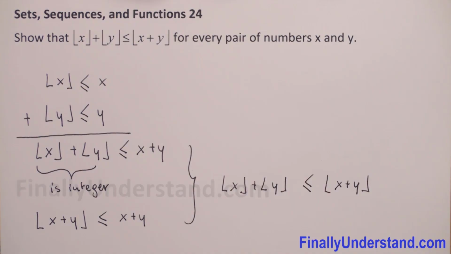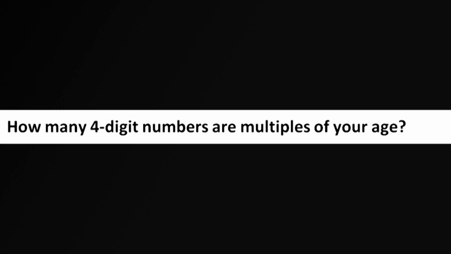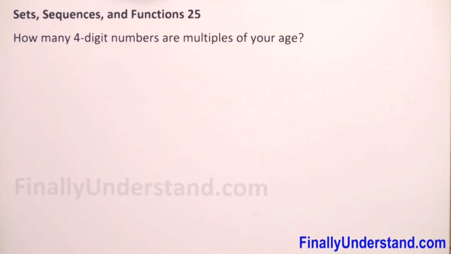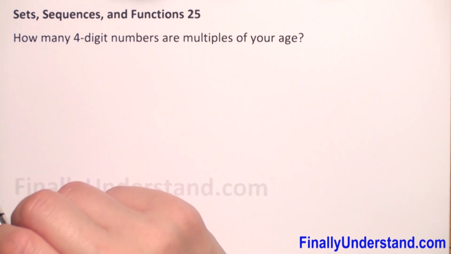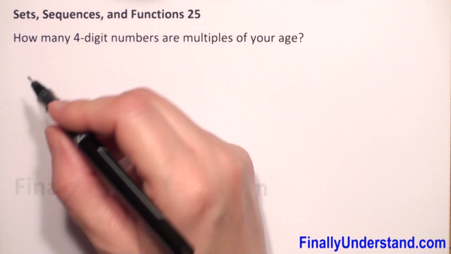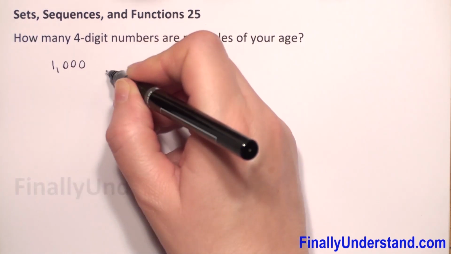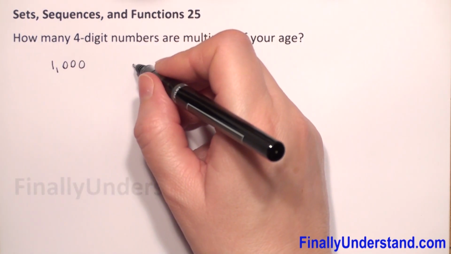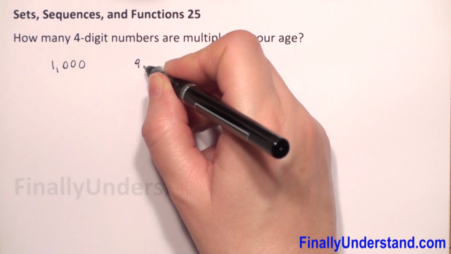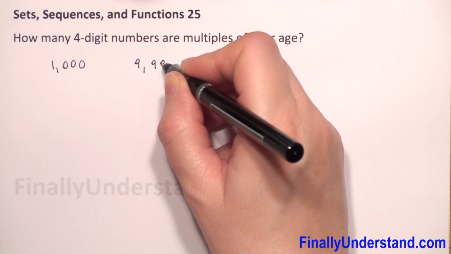This is my solution. We have to find how many 4-digit numbers are multiples of your age. So let me first write our 4-digit numbers. The first 4-digit number is 1000. And the last is 9999.